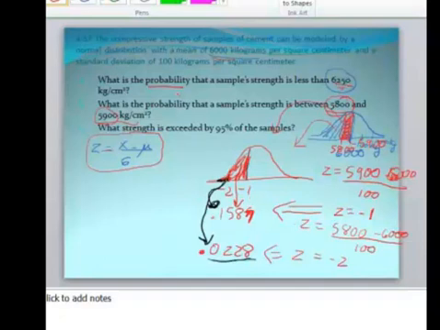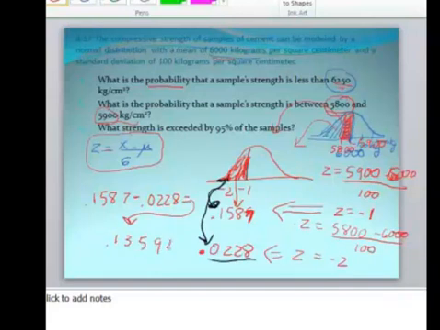Okay, so then we just subtract 0.1587 minus 0.0228, and that's equal to 0.1359. So that is the probability that the sample strength is between these values.